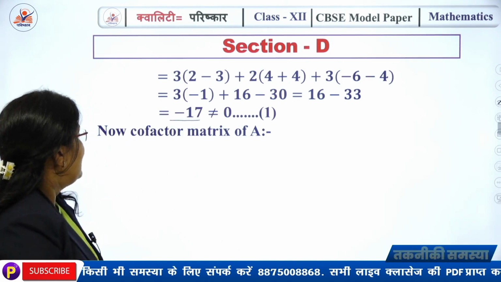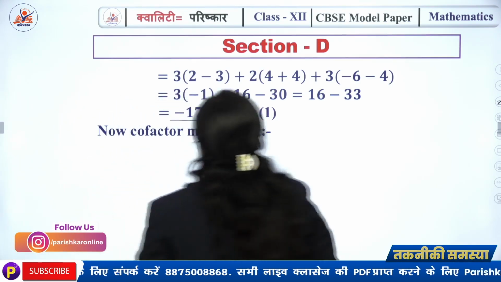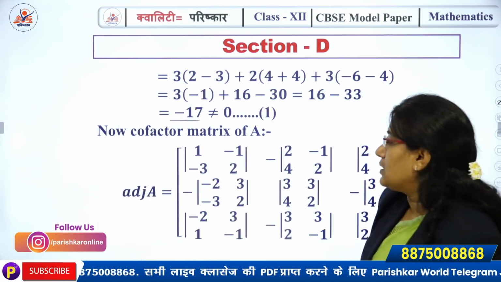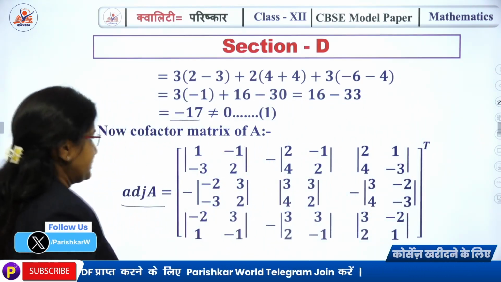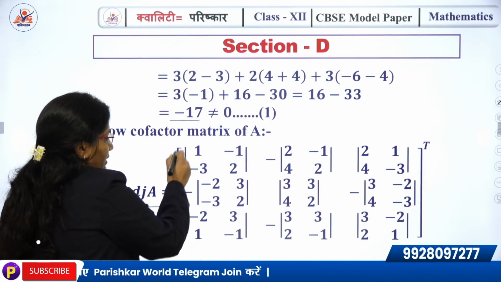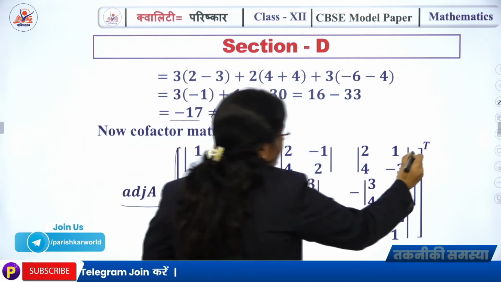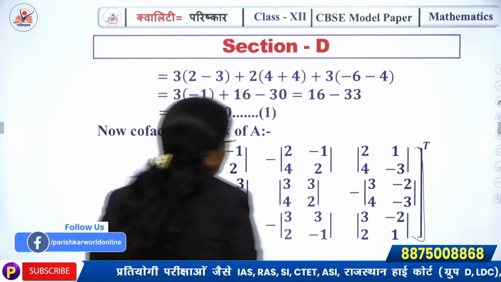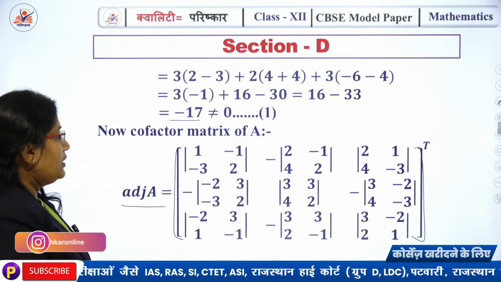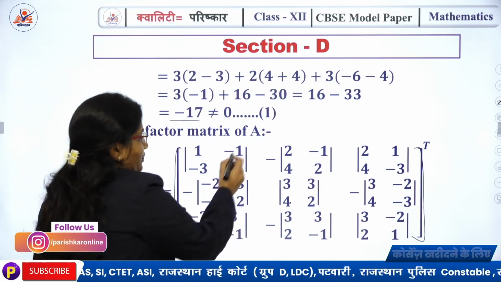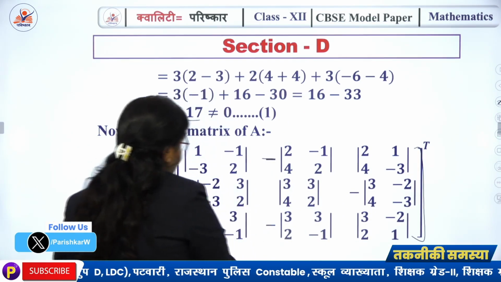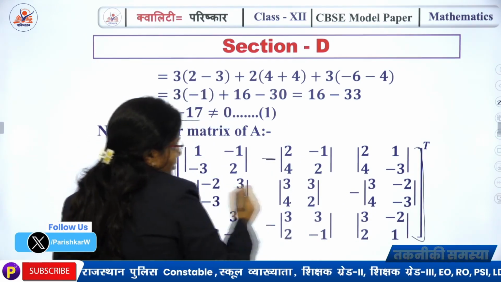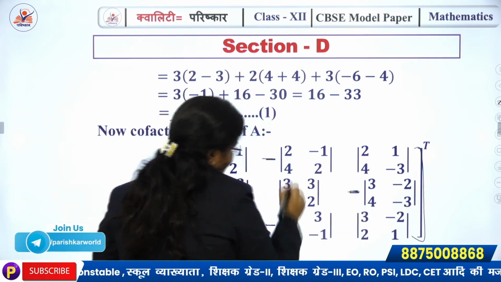Okay student, let's come to the next, the cofactor matrix of A. Adjoint A. Here we have the transpose matrix of the cofactor matrices of matrix A. 1, minus 3, minus 1, 2. 2, 4, minus 1 and 2 with negative sign. Here this element can be negative, and this is also negative, this is also negative.